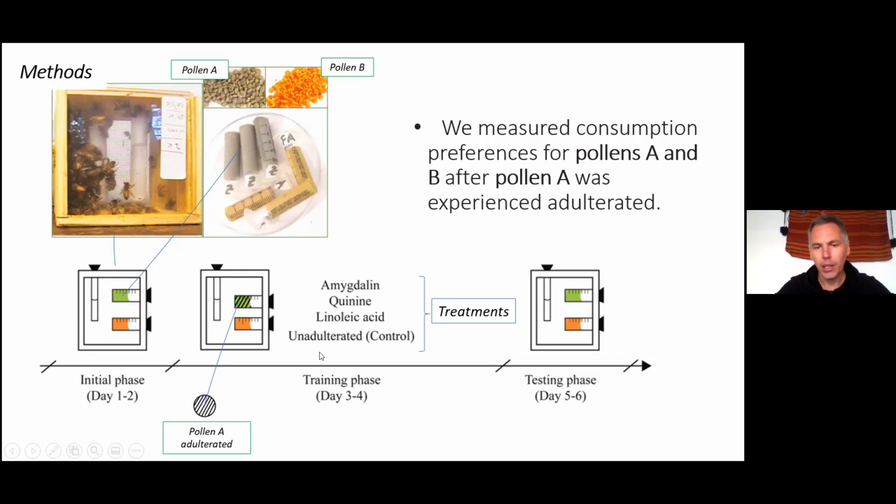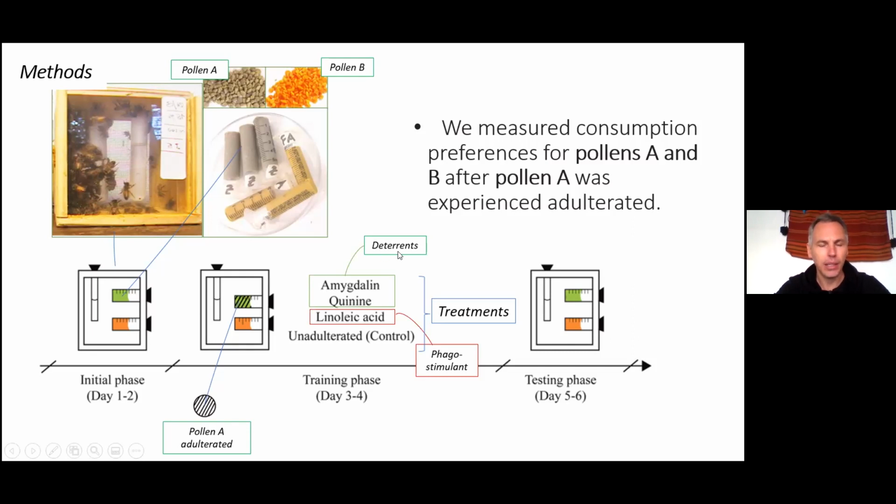We moved to the training phase on days 3 and 4, and here again, pollen A, one of those monofloral pollens, was adulterated with different substances. We had 2 treatments, one using amygdalin and another using quinine.